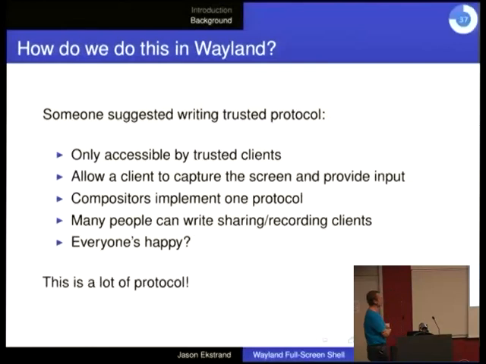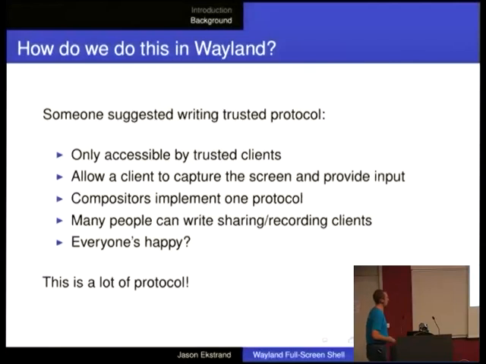The problem is that this turns out to be a lot of protocol. Basically, it's all of the protocol, only in the other direction. Where the Wayland protocol has things like input devices, we now have everything you would have for input devices only going from the client to the server. And everything that we had for output devices, you now have going from the server to the client.